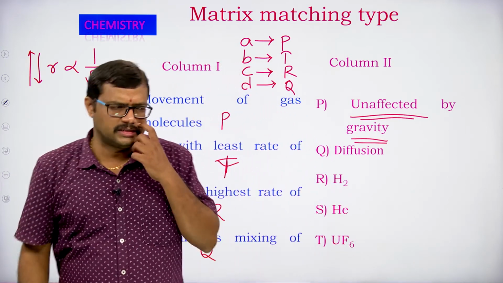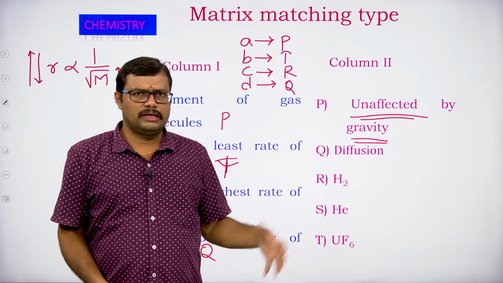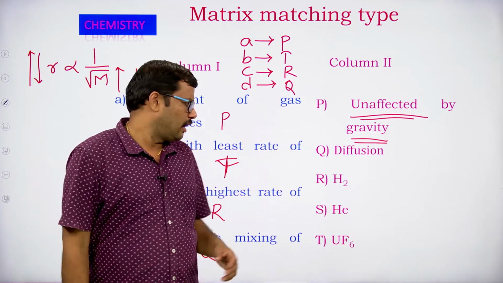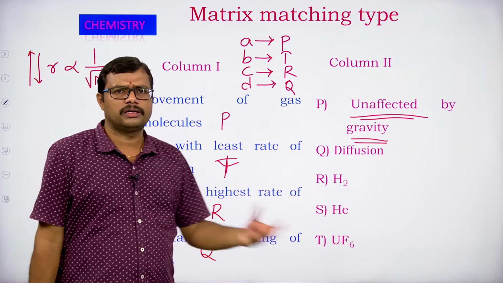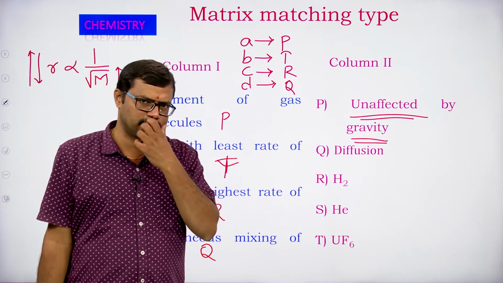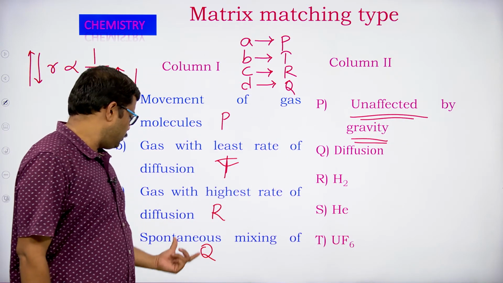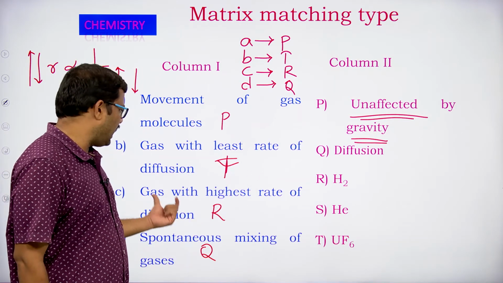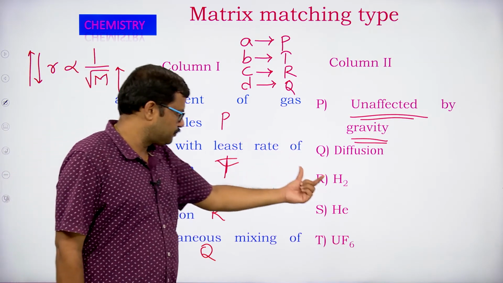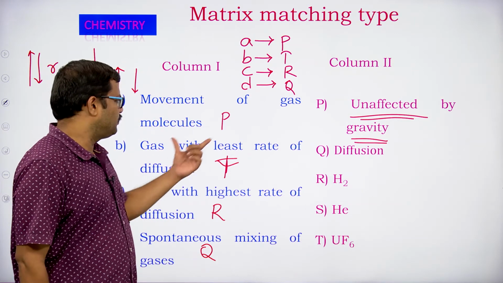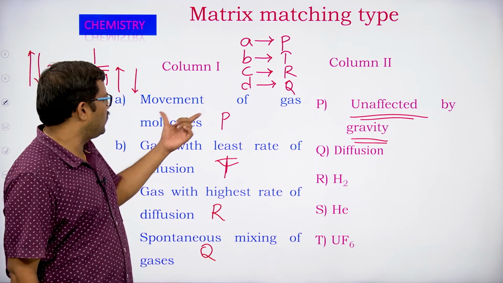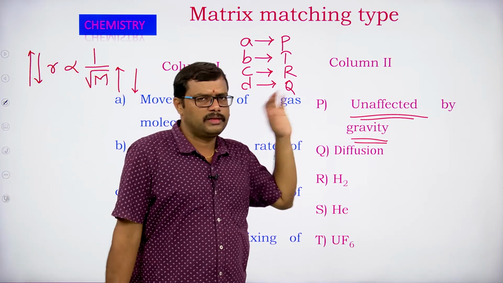Spontaneous mixing of gases, as I told you, the speed with which it is going to occupy, the process of accumulating or the spontaneous mixing, is generally taken as the diffusion process. Okay. The gas with the highest rate of diffusion is hydrogen. The gas with the least rate of diffusion is UF6, and movement of gas molecules is not affected by gravity.